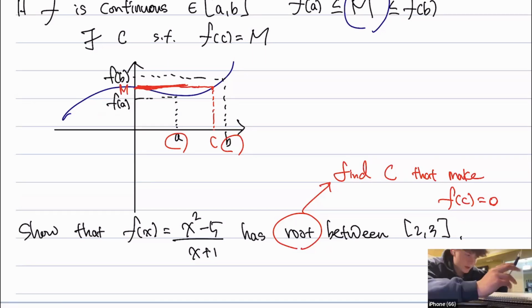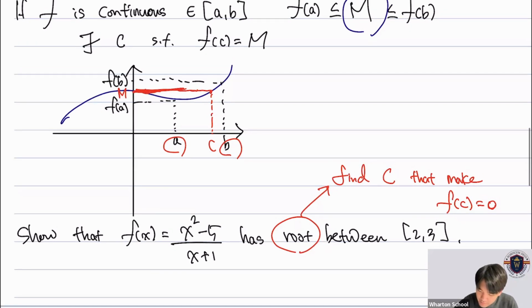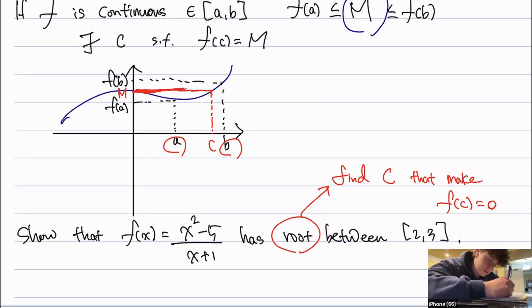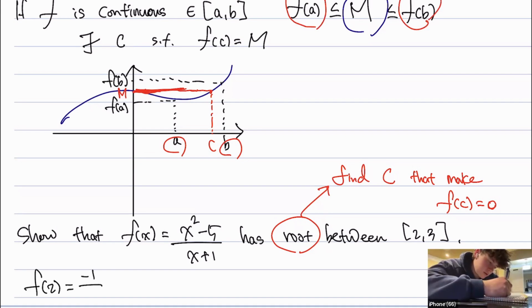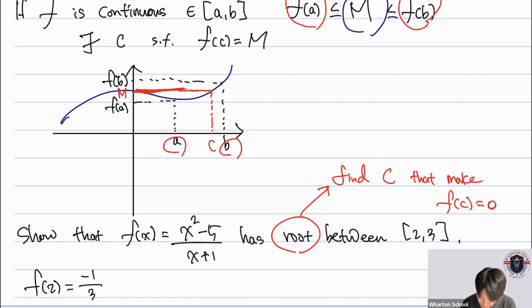I'm not sure how to prove that. So root 5 is this m. We found it, so we're going backward. You just have to show that root 5 is in between f of 2 and f of 3. f of 2 is negative 1 over 3, and f of 3 is 4 over 4, so 1.